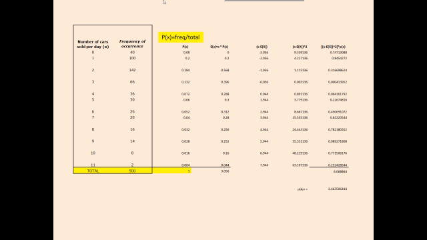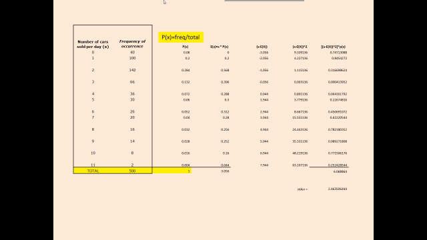If I go to my next row, my x is 1, I'm going to subtract my expected value, so 1 minus 3.056 gives me negative 2.056. 2 cars sold per day, subtract the expected value, gives me negative 1.056. So I work my way down through the rows, each x subtract the expected value.